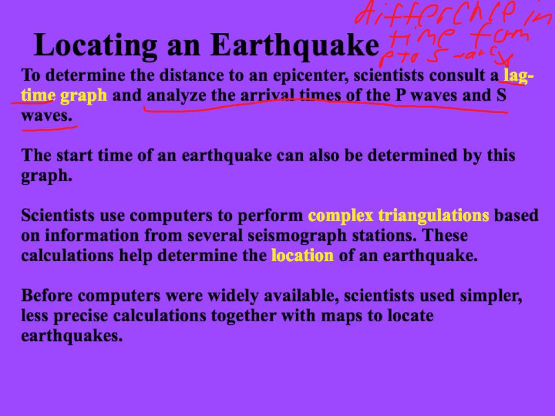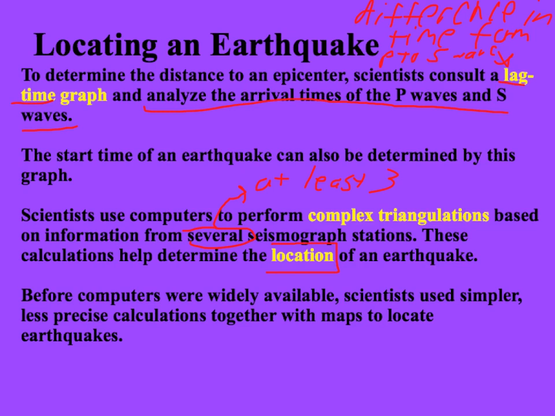So the longer it takes for the P wave and S wave to get there, the farther away the earthquake is. And if we do this from 3 locations, I know it says several here, but you need at least 3 locations, we can figure out the location of an earthquake.